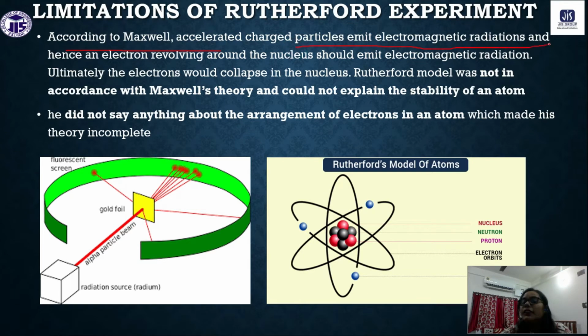This particle will continuously emit electromagnetic radiation, like these electrons. This is one electron, revolving around the nucleus. This electron is charged, and the nucleus is positively charged. So according to Maxwell, while the electron revolves around the nucleus, it will continuously emit energy.